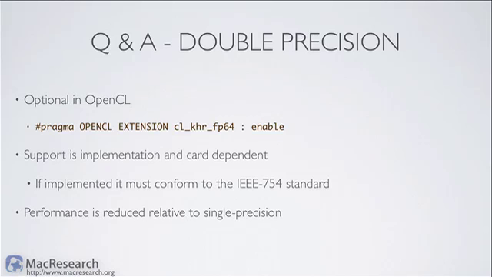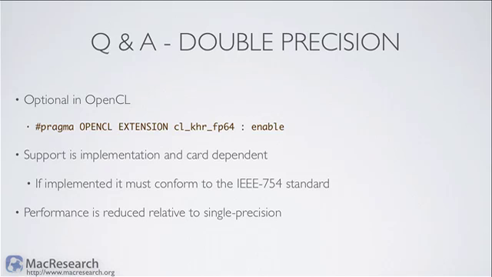So you're at least guaranteed that, but there's no guarantee that it's going to actually work because, again, this is an optional extension. Now, there's one thing that you do need to consider, especially for scientists doing scientific computation who really need double precision, and that is the big performance hit that you take. For example, on the GTX 285, single precision floating point operations get about 1,000 gigaflops per second, so about a teraflop per second.